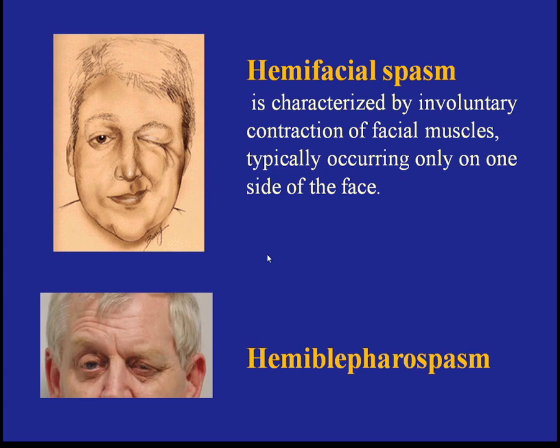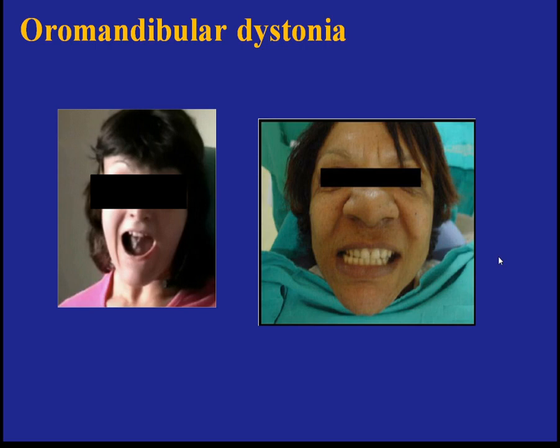Other examples of focal dystonia: hemifacial spasm, characterized by involuntary contraction of facial muscles, typically occurring only on one side of the face. Maybe hemiblepharospasm, another example of focal dystonia. Another type of focal dystonia is oromandibular dystonia.